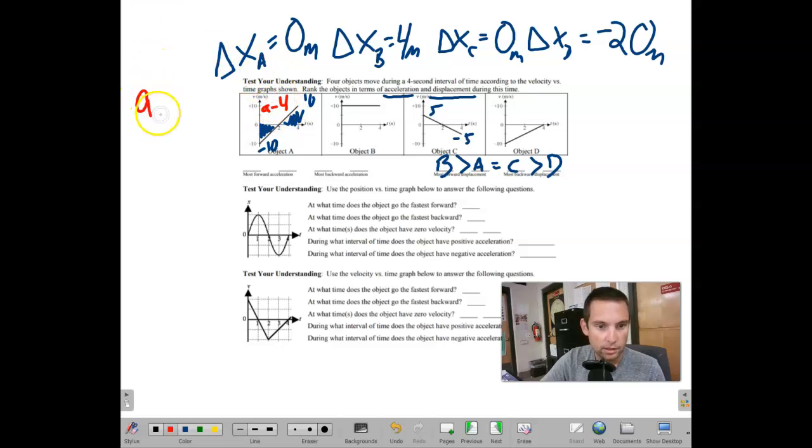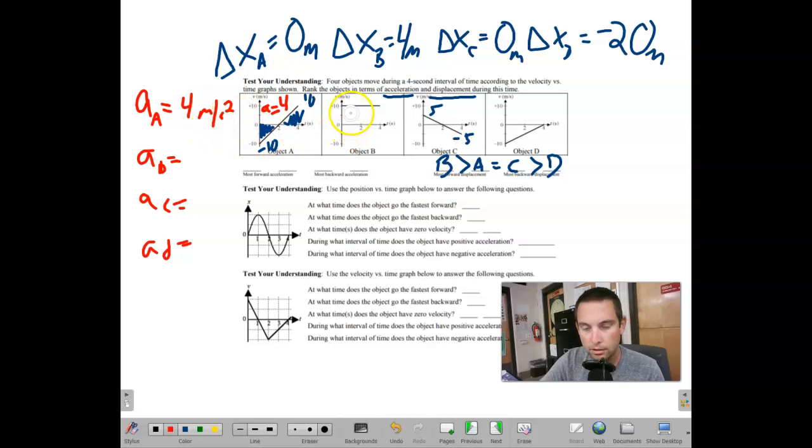So let's do A, B, C, D. A is positive 4. That's an equal sign, not a negative. 4 meters per second squared.